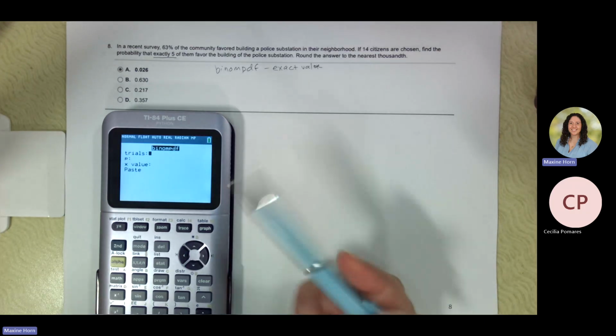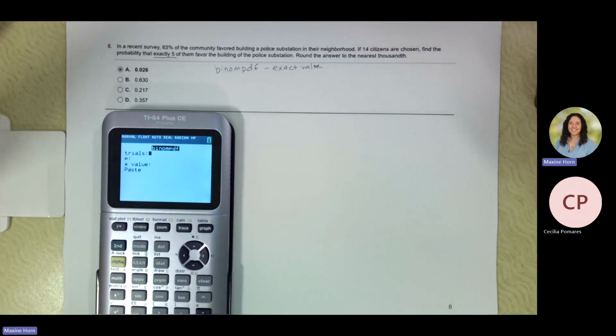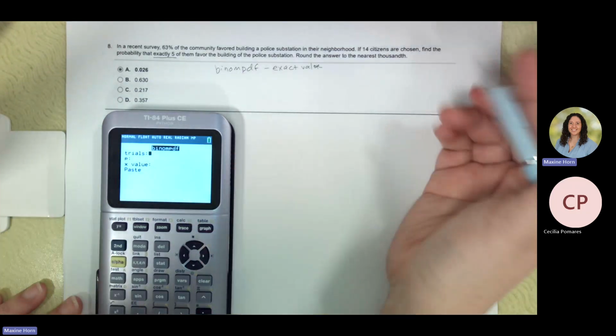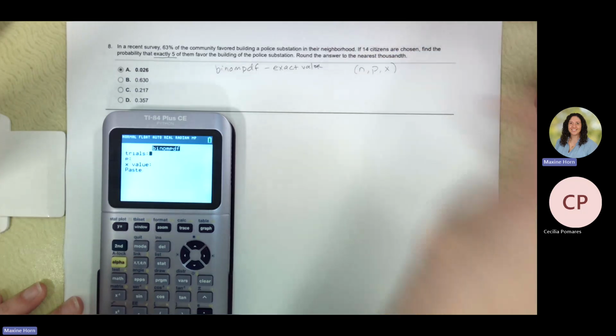All right, so some calculators are going to be set up like this, where it's telling you, hey, you need to tell me this information, and this information. Some calculators will not do that. They're just going to say binom PDF with an open parenthesis, and you have to know what numbers go in what order. When you aren't prompted, what needs to be here is NPX.